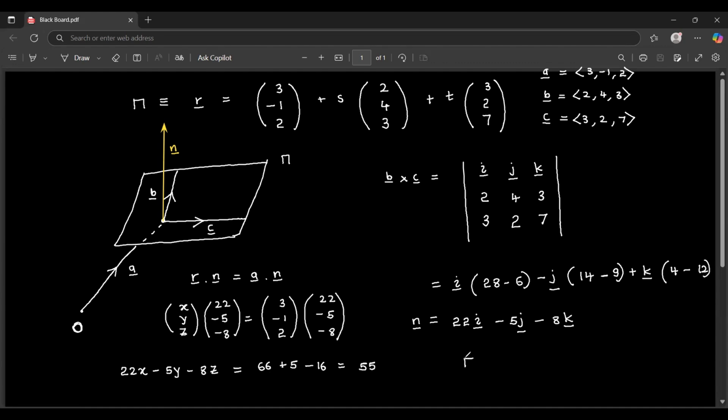So the Cartesian equation of phi can be given as 22x minus 5y minus 8z minus 55 is equal to 0. So this is how you have to convert the vector equation of a plane to a Cartesian equation of a plane.